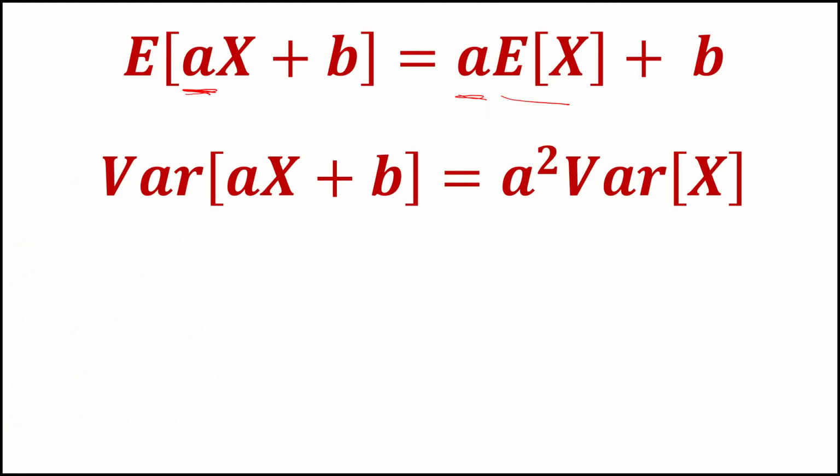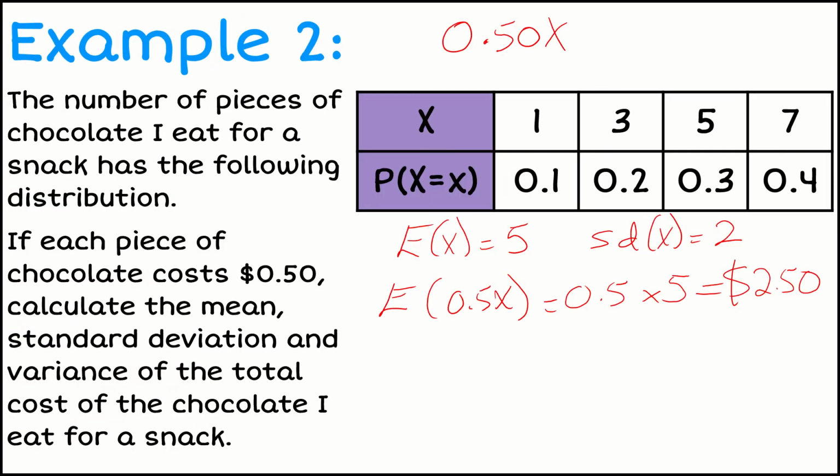So then let's have a think about what happens with the variation. Going back to our formula, whatever the constant is in front, I'm going to square that and multiply by the variance. So my variance of a half x is equal to a half squared times the variance of x.